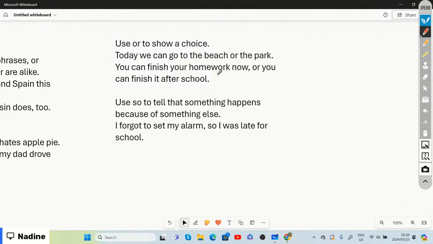And then "so." We use "so" to tell that something happens because of something else. It's like saying, I forgot to set my alarm, so I was late for school.